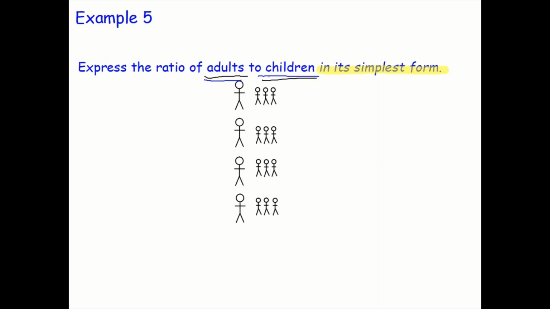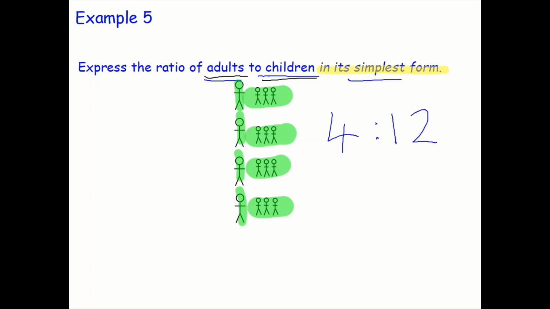So adults, there are 4 adults. I've got my adults here. 1, 2, 3, 4. 4 adults. And how many children have I got here? 3, 6, 9, 12. 12 children.